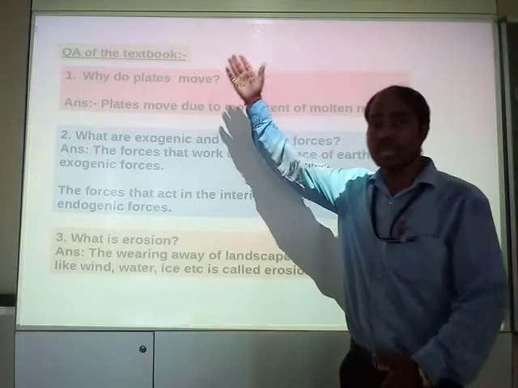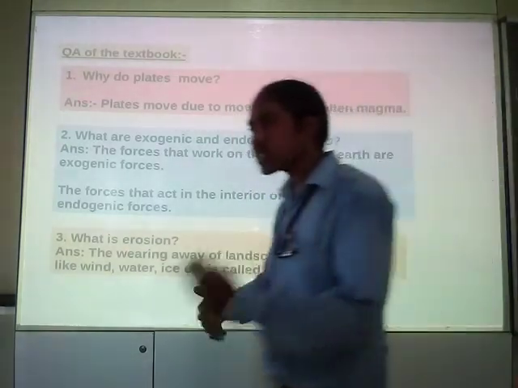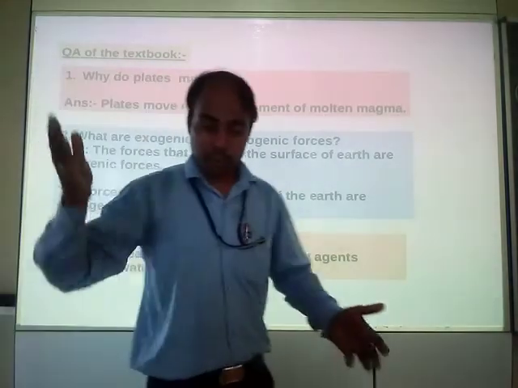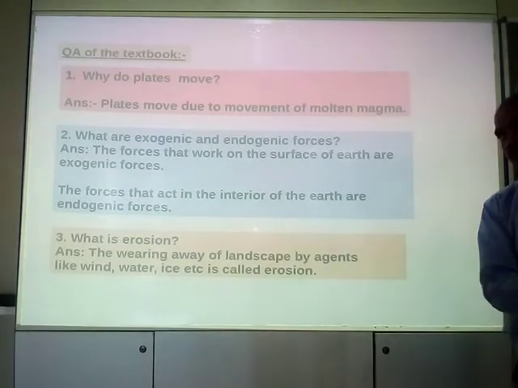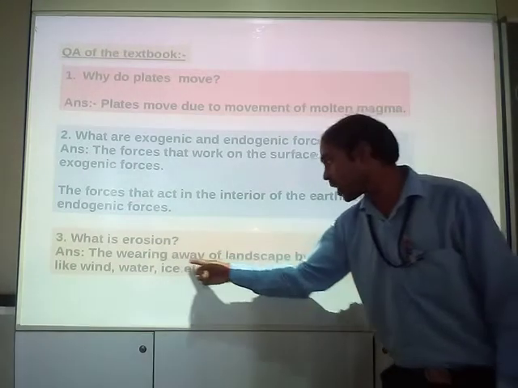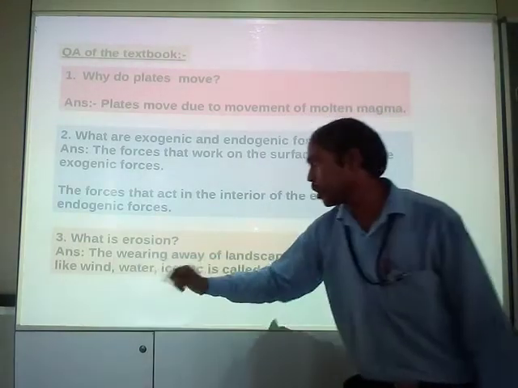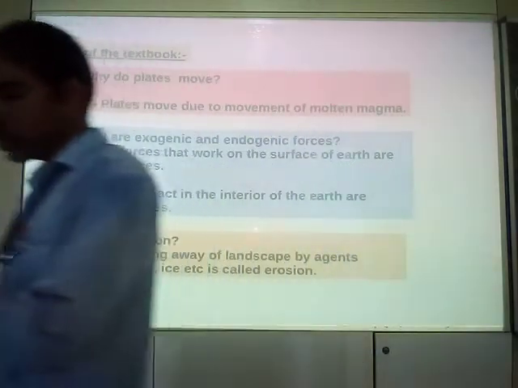So these are the agents, wind, water, ice, which make the landscape get worn away, taken away. So the wearing away of landscape by agents like wind, water, ice, etc. is called erosion.